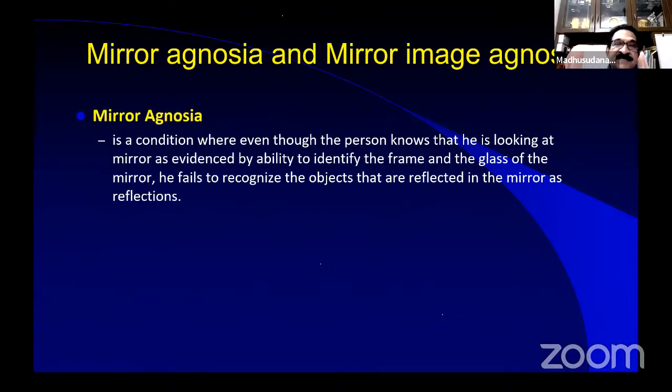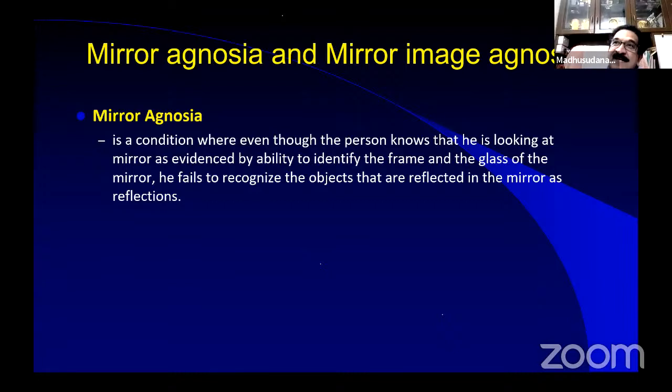Mirror agnosia is a condition where even though the person knows that he is looking in the mirror, as evidenced by the ability to identify the frame and glass of the mirror, he fails to recognize the objects reflected in the mirror as reflections. So what will happen? The real problem will come when you have a rear view mirror. When you are driving, you look at the rear view mirror to find out whether a car is coming from behind or not.